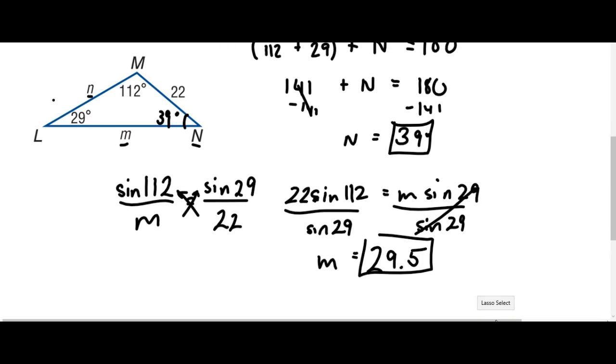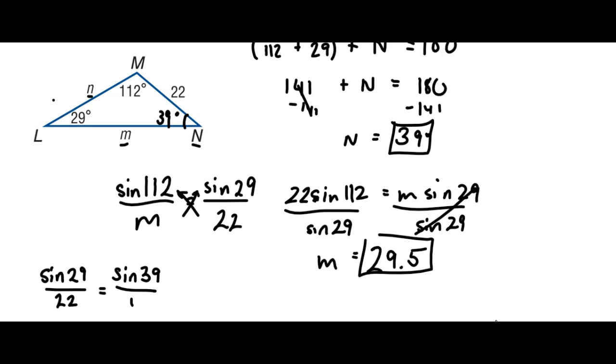And now we can use either side to help us out. We might as well just keep going with the ratio. Sine of 29 over 22 is equal to the sine of capital N, which is 39, over the side of lowercase n.